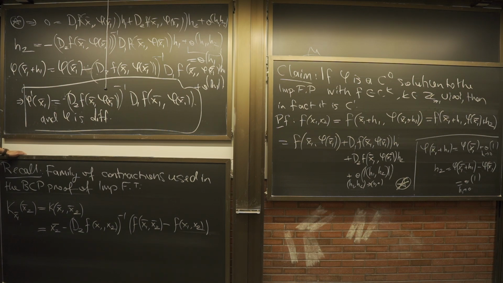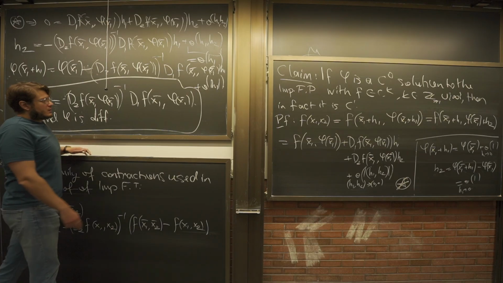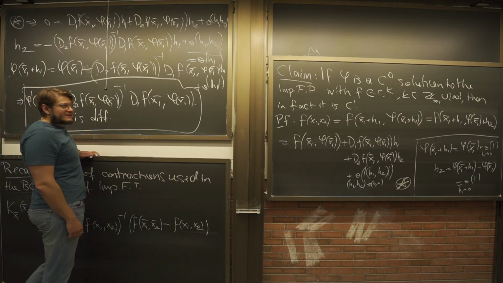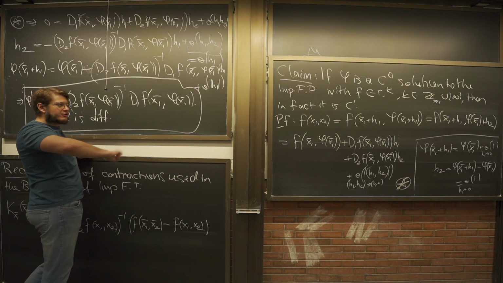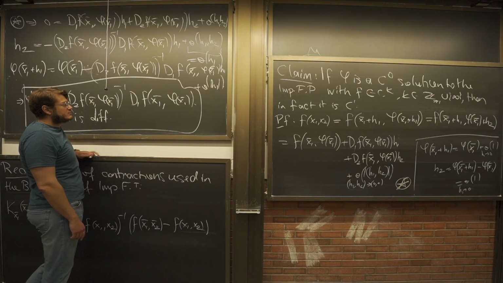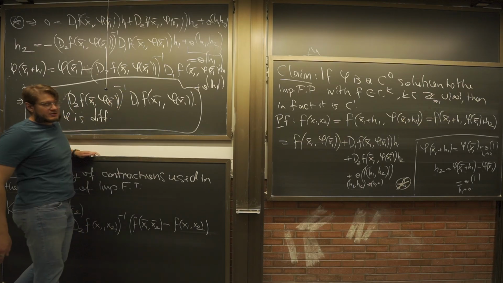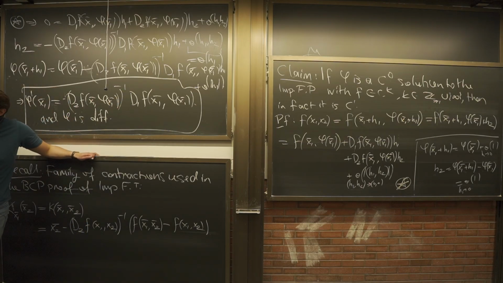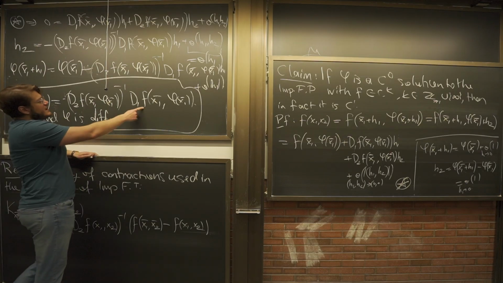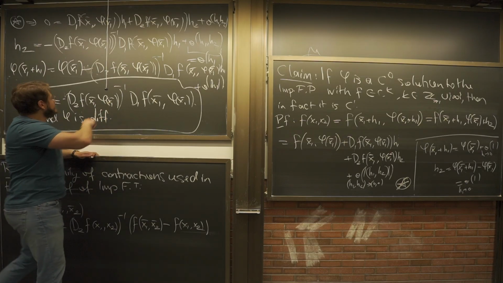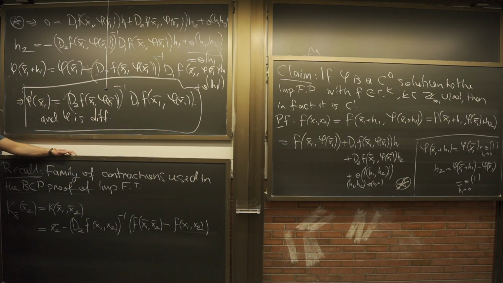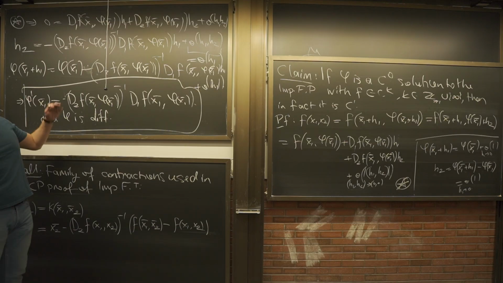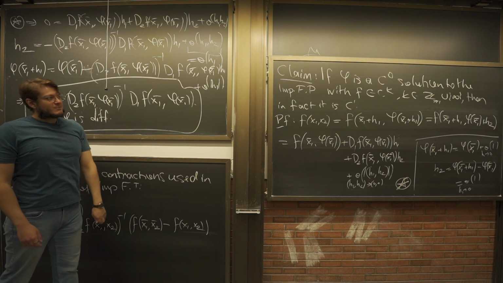But furthermore, you can say, once you have this formula, well, if f is Ck, its first partials are going to be Ck minus 1. And taking the inverse of an operator, you showed, is infinitely differentiable. So you can see that the derivative of phi is the composition of one C infinity function, one Ck minus 1 function, one Ck minus 1 function.